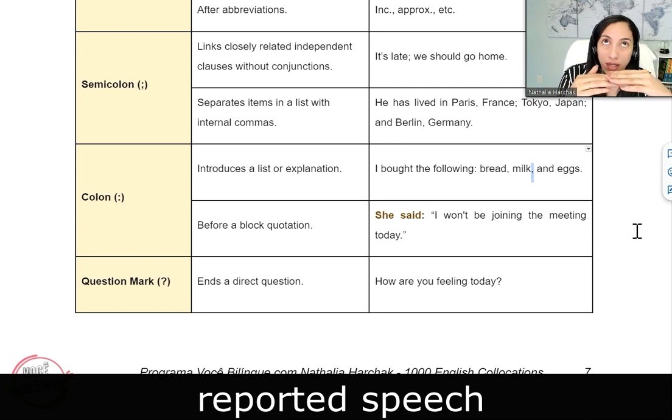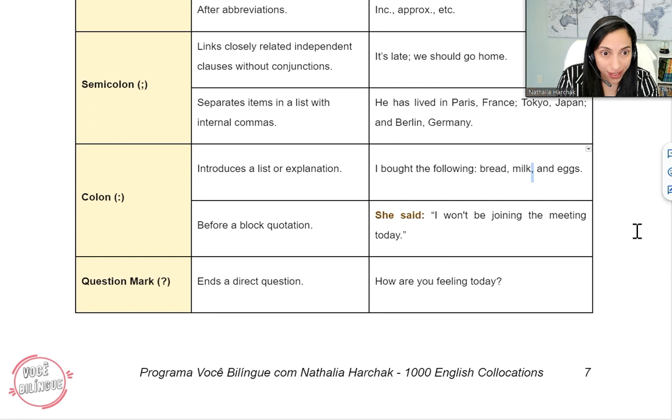Reported speech is another topic that is kind of hard to explain here, and I would have to record an extra lesson to teach you that. In reported speech, normally we transform verbs into other tenses. For example, will or won't would become would or wouldn't.